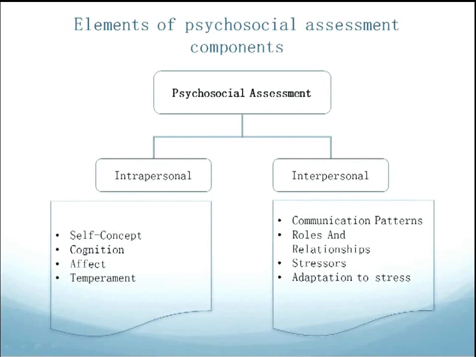If we can identify the patient's intellectual ability or cognition, we can identify the patient's status of understanding what we are saying about the disease condition or what we are going to do for the patient's relief.